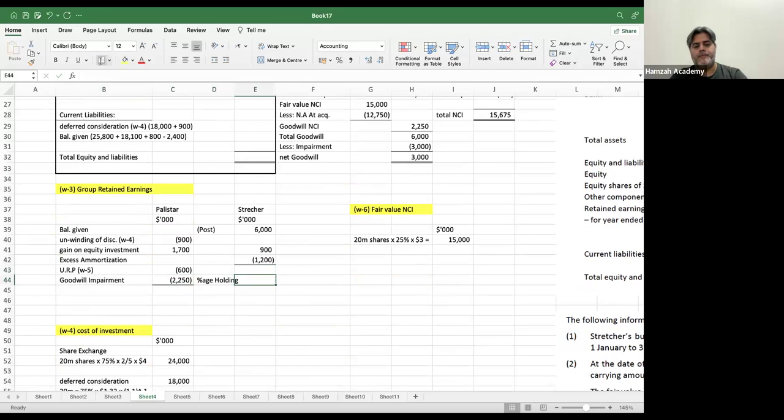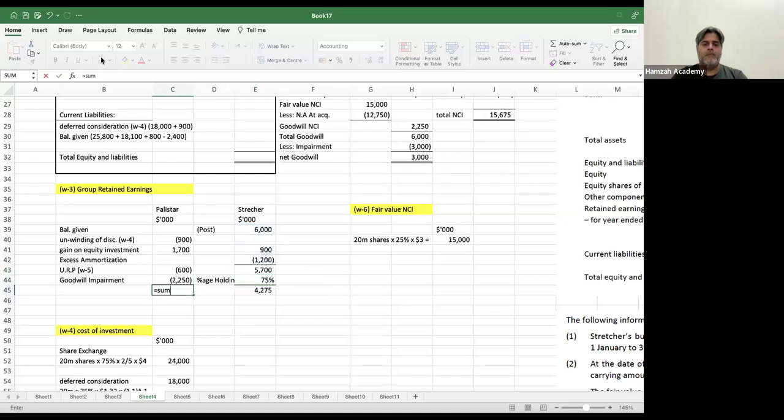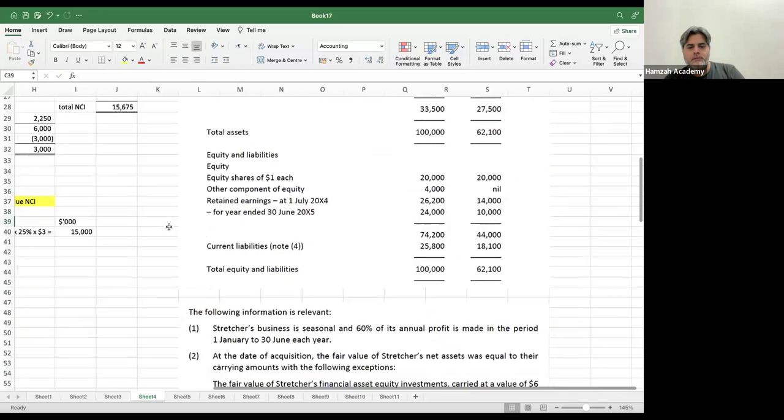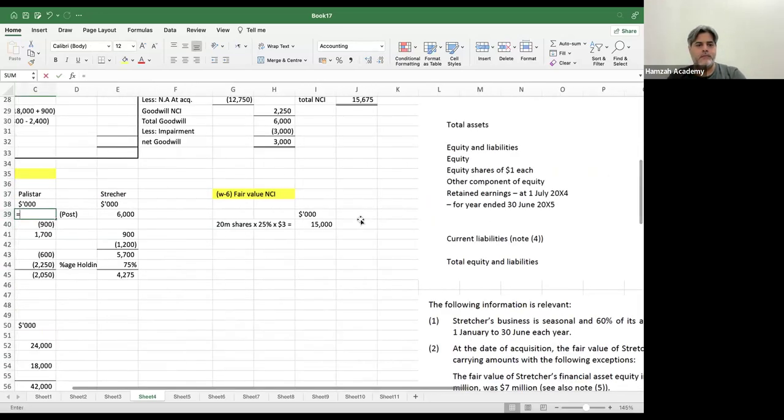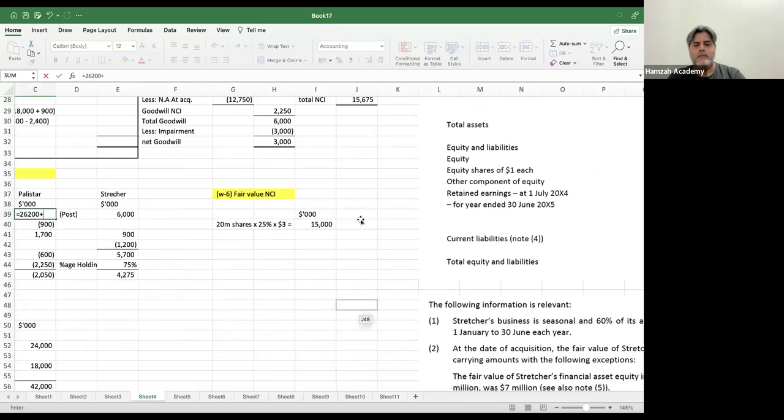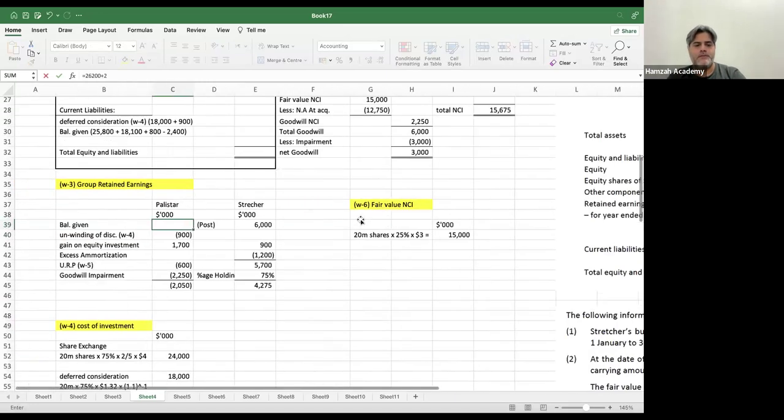Percentage holding 75%. So the retained earnings are 26,200 plus 24,000.